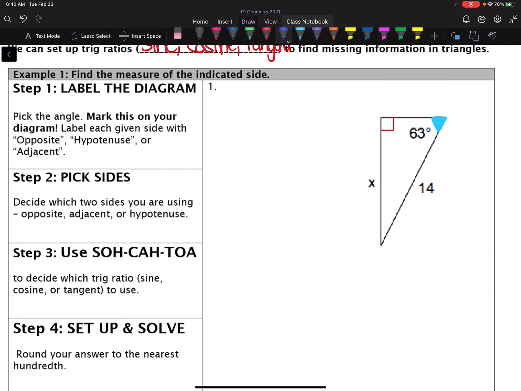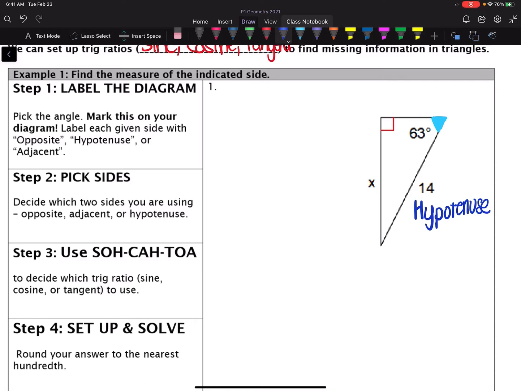So the side that is across from my right angle is always my hypotenuse. So we can label that side that's marked as 14 as our hypotenuse. And then we also want to look at the side with x because that's what we're solving for.